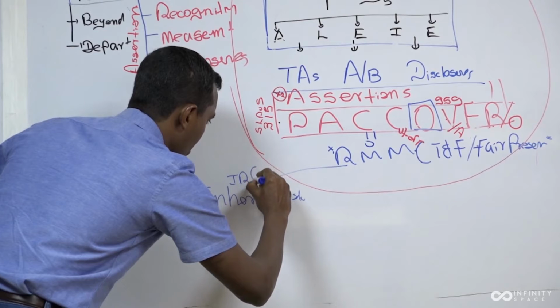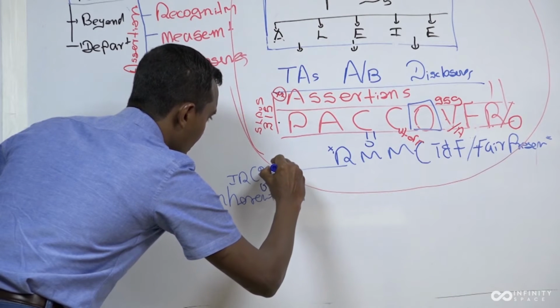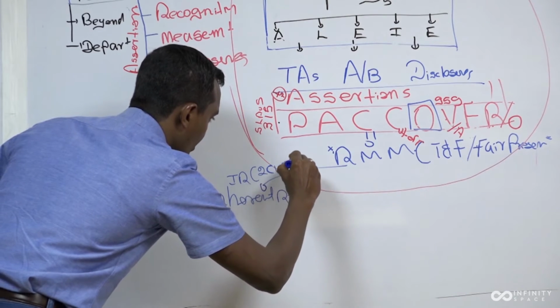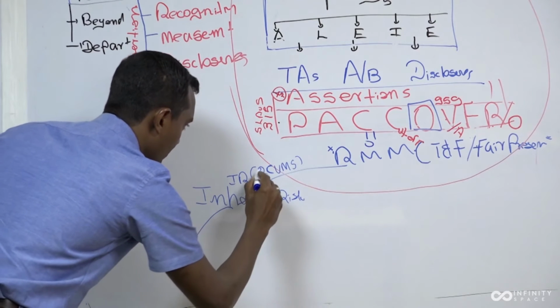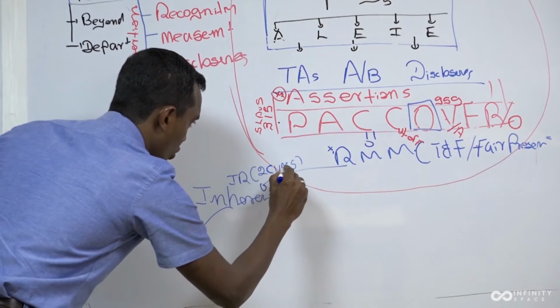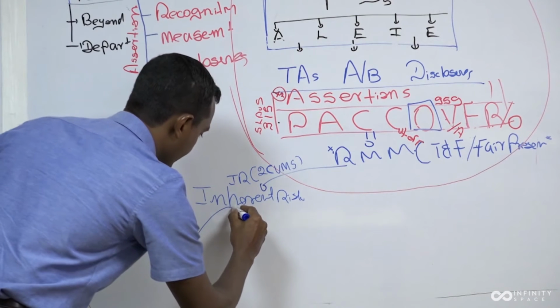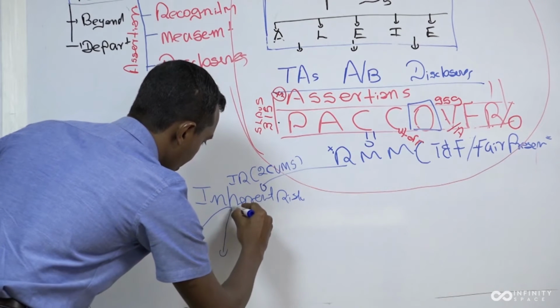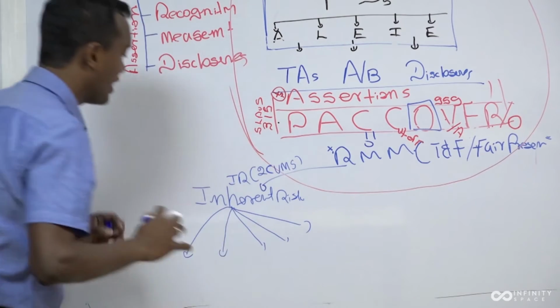IR can be explained using two C's, right? I am going to put here two C's, the characteristics of an inherent risk. In the exam, this is like a picture.